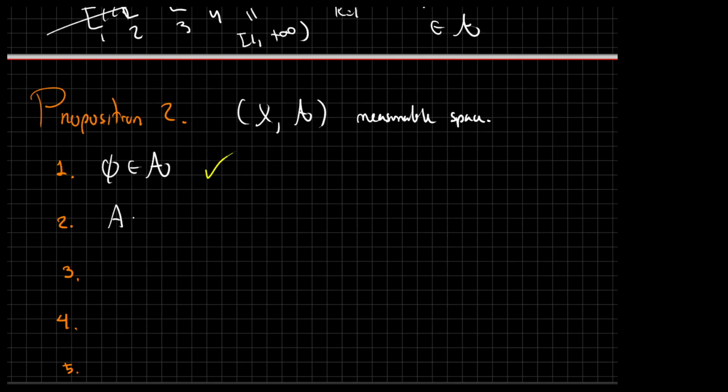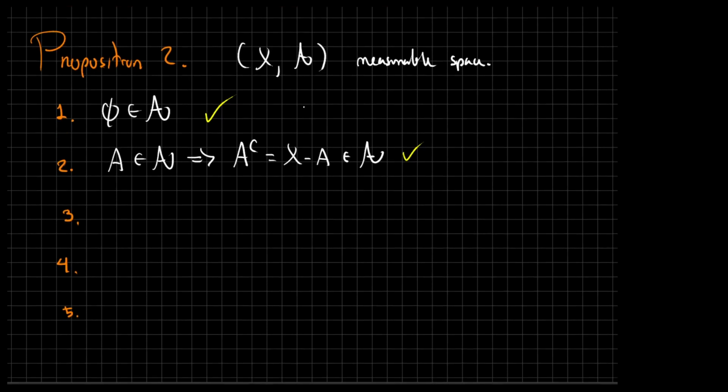The second property is that if you have an element, then its complement is in the sigma algebra. We have also proved this here because X is an element of the sigma algebra, then differences are always in the sigma algebra, so the complement is in the sigma algebra, so it's pretty easy.